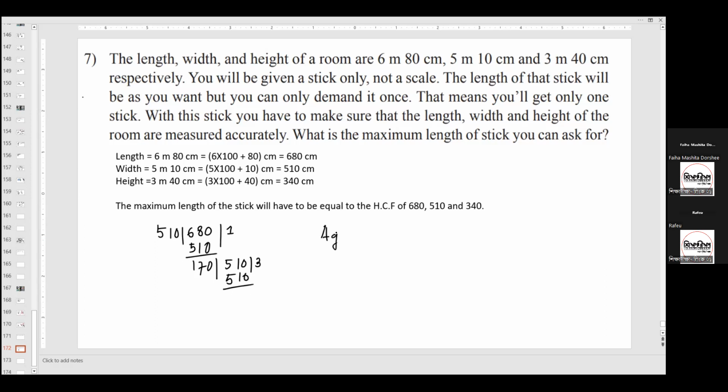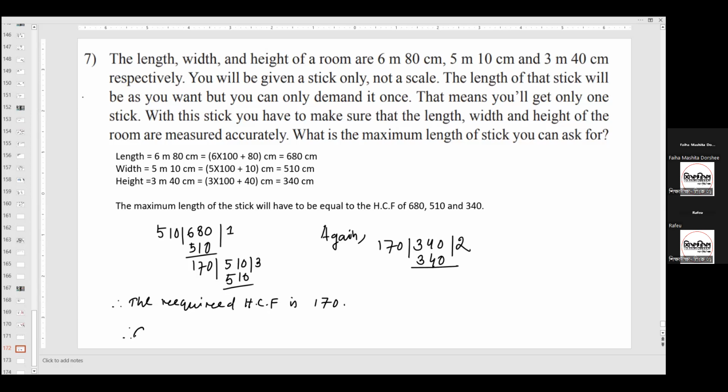So it is 170 and 340, right? 170, 340, 2 times 170 is 340. So the required HCF is 170.